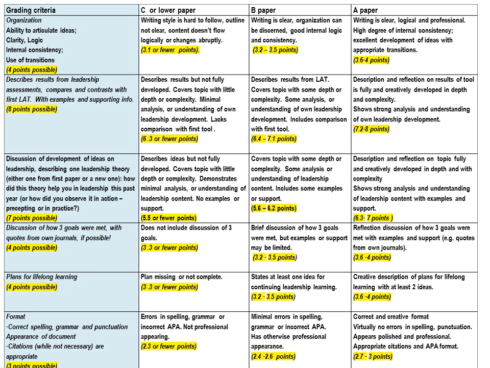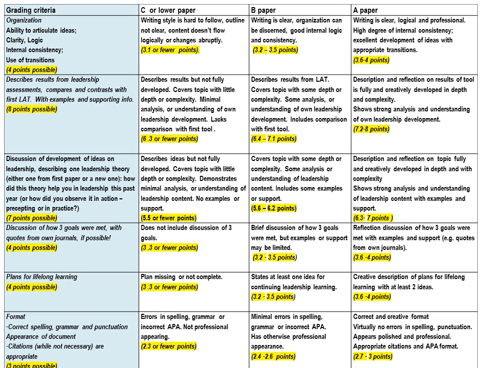Then in your development of ideas on leadership, the next one down, again, you can use the same leadership theory, or if you've decided there's a better one, use that, and then talk about how it's developed or how you've observed it over the last year. The next area is your 3 goals from the Nursing 511 paper. The best thing to do is to have examples and support using quotes from your own journals. What journals, you say?